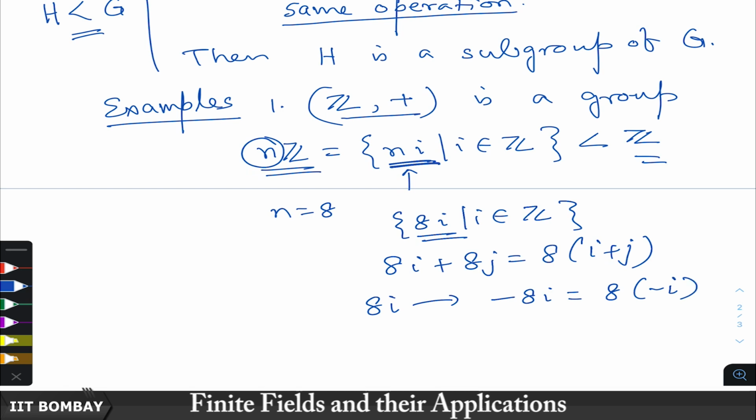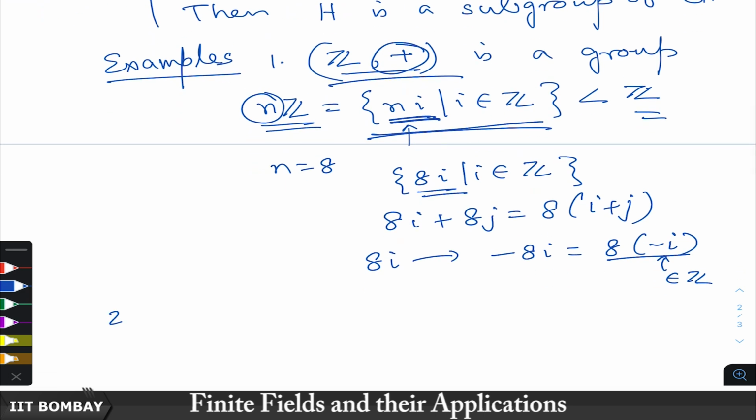It is also a multiple of 8, because 8 times minus i is also in Z. So, this set has all the properties of a group under the same operation, which is the simple addition operation.